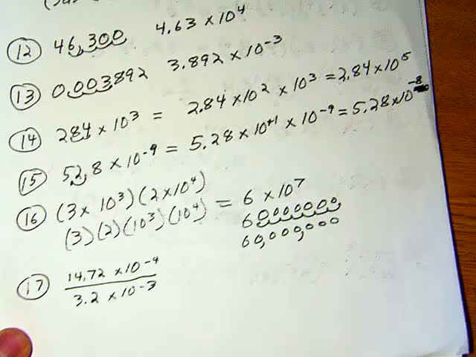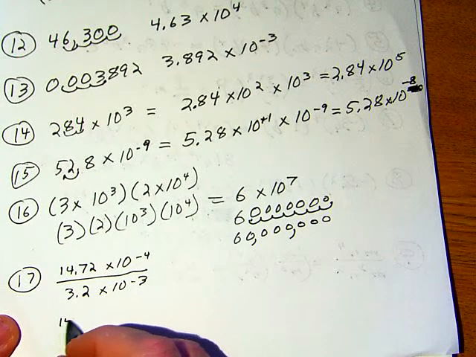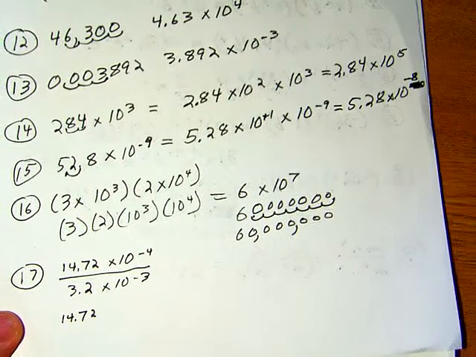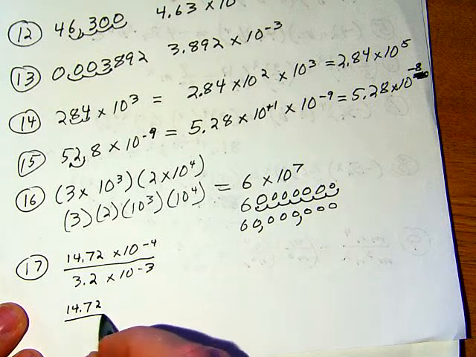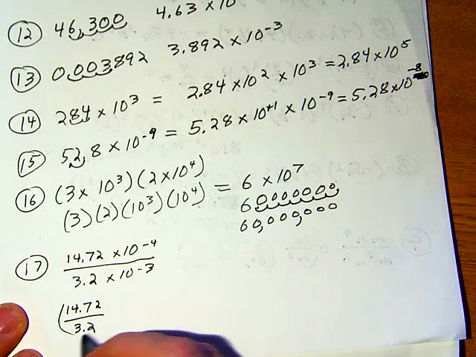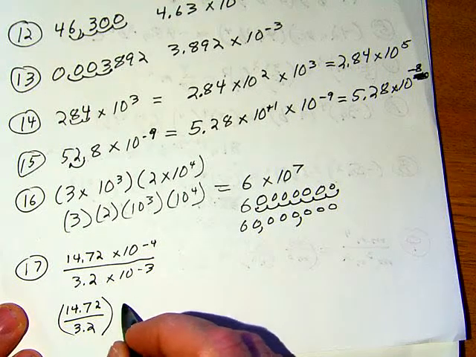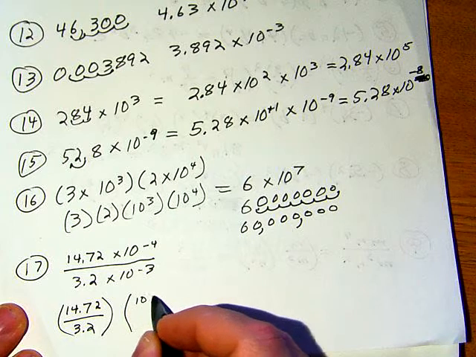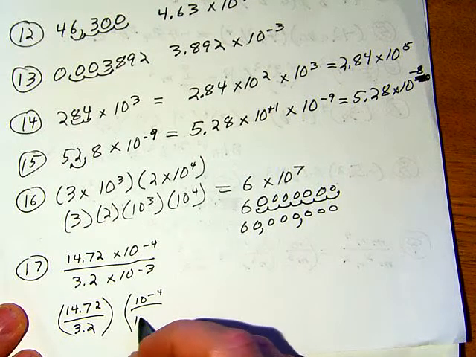Well, the first thing I'm going to do is rewrite that: 14.72 divided by 3.2, the factors, and 10 to the negative fourth divided by 10 to the negative 3.